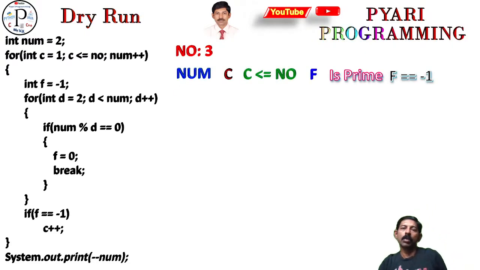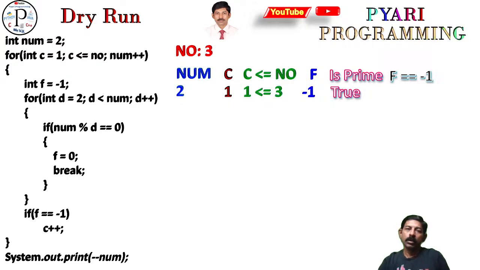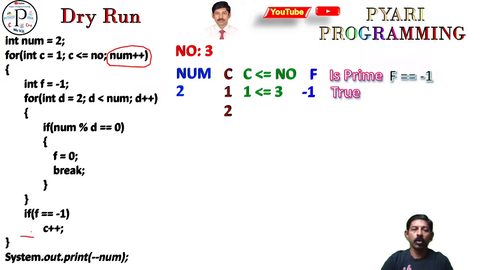Look at this diagram, you can understand now. If is prime is true, then I will move. As you have said, num plus plus, I did it over here. It does not matter where I do it. Here also I can do it. It does not matter. But here it will generate a problem.